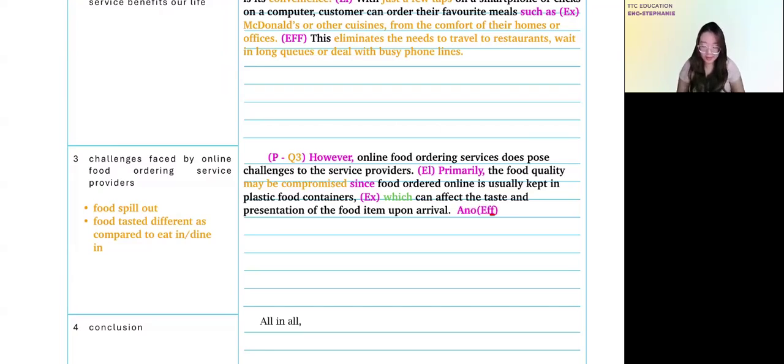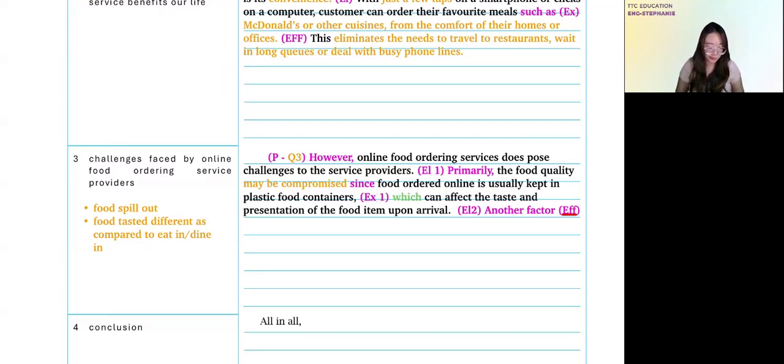Okay, you can say another factor. All right, so here you are trying to go into elaboration number 2 because we are trying to give 2 pointers in one paragraph. So elaboration number 2. This one is elaboration number 1. This one is example number 1.